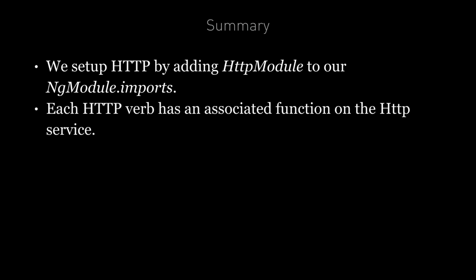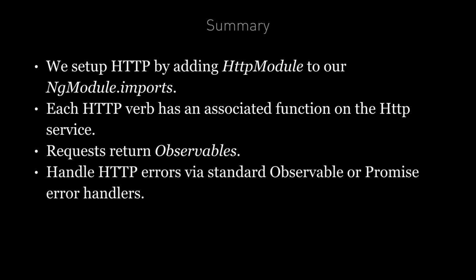We can then make requests for all of the different HTTP verbs by calling matching functions on our HTTP client library. By default, these requests return observables, which we can subscribe to. We can also convert these observables into promises if we so wish and handle the asynchronous responses that way.